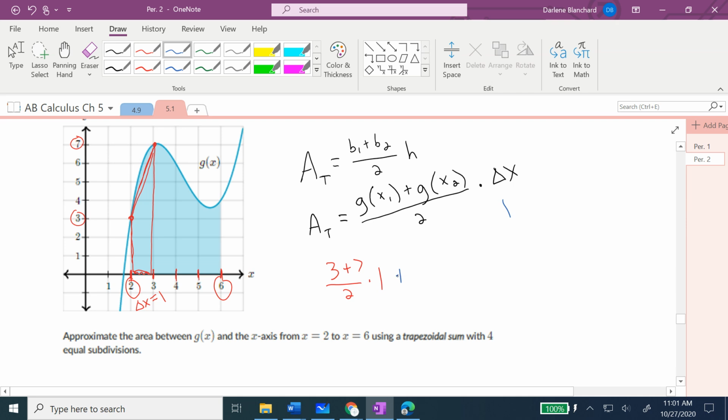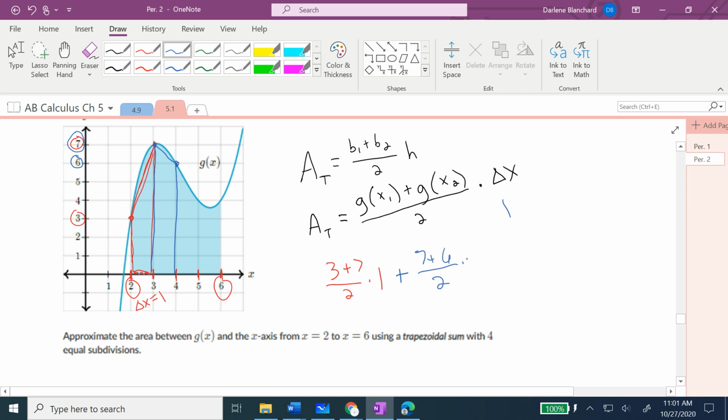Then I move on to my next trapezoidal area and add that. One of the bases is what we just used, and then the next base is found by plugging 4 into this function. So the bases of this trapezoid are 7 and 6.